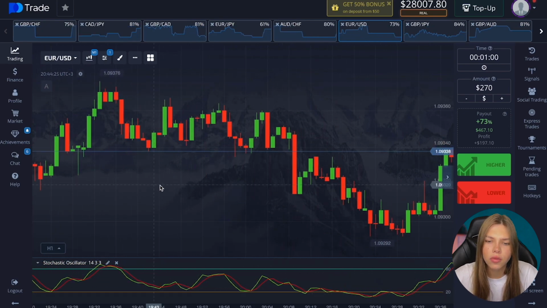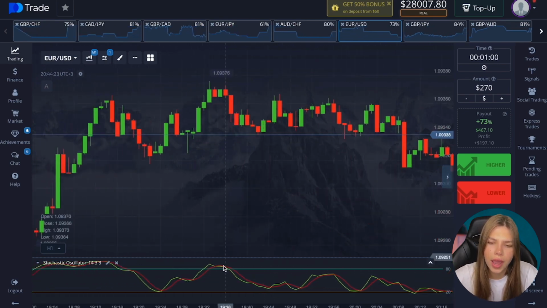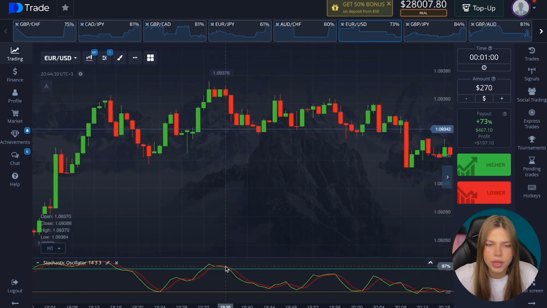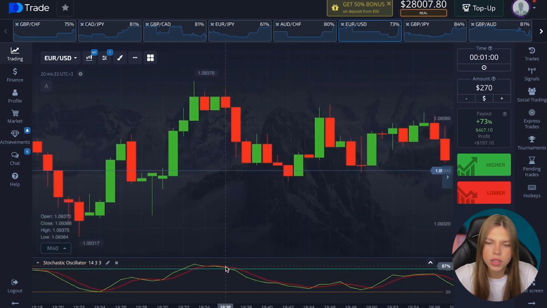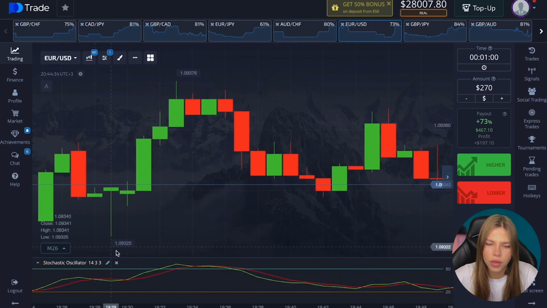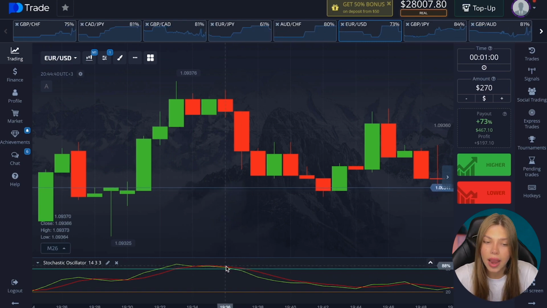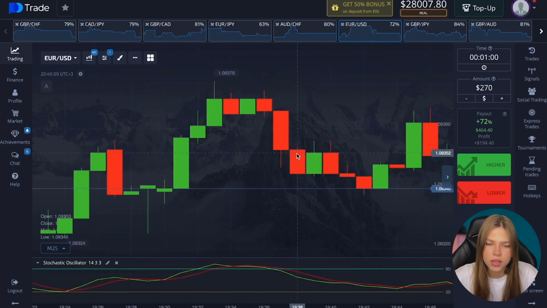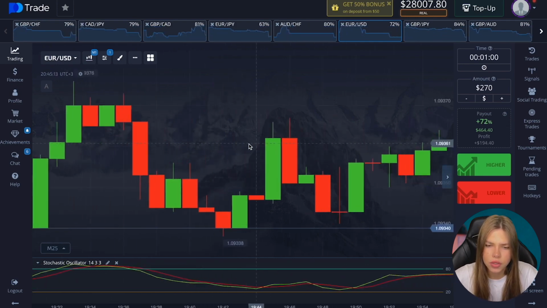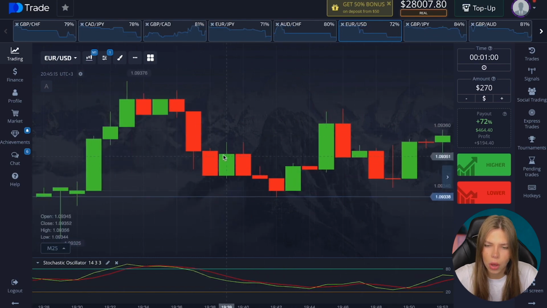Unfortunately, I can't zoom the indicator here normally. If we see that our two lines have crossed and turned around and go from the maximum to the neutral zone, and the slow line, that is the red line in our case, is higher than the green fast one, this is a signal to us for trading. Here's our deal open, on a new candle. Let's say our deal opened here.